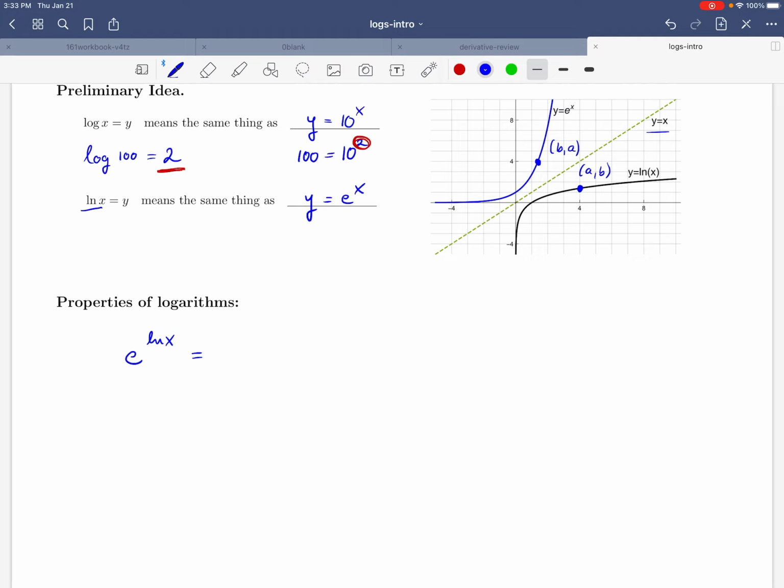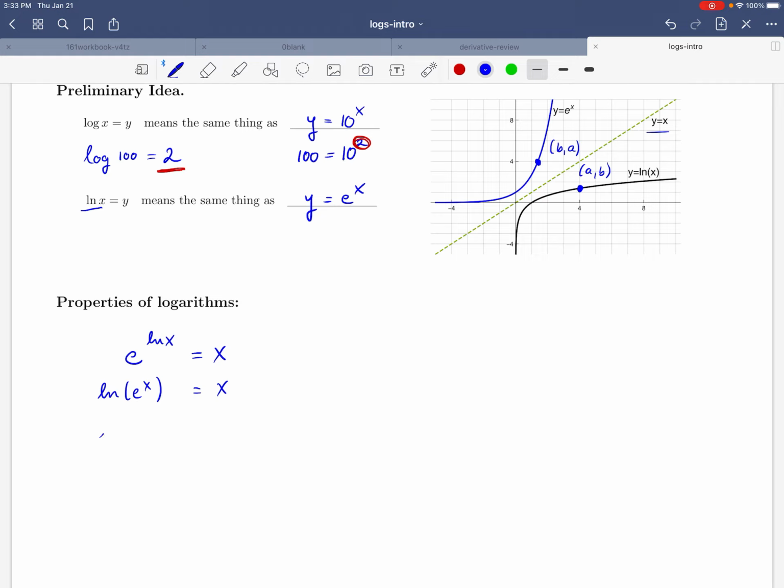So if you first apply the ln and then the exponential function, you get your input back. So e to the ln of x is equal to x. And in the other direction, this also works. If you first look at e to the x and then you apply the natural log to that, you also get x back. So that's what it means that the two are inverse functions.